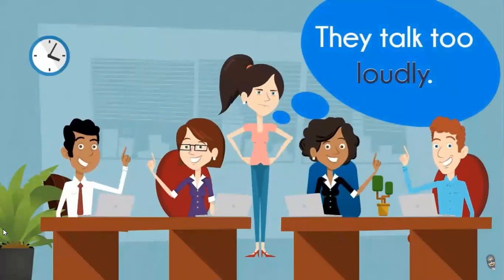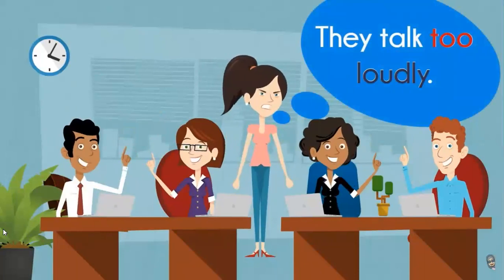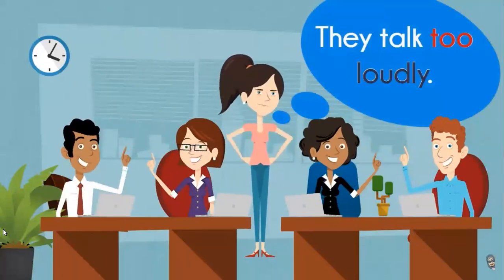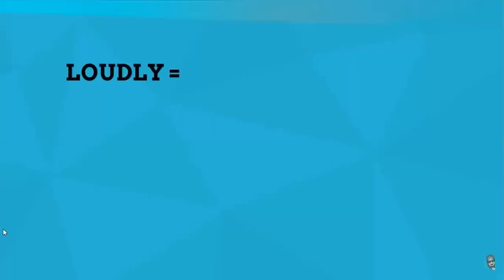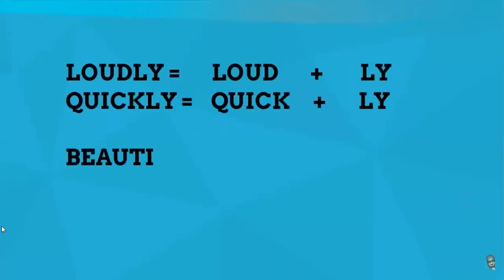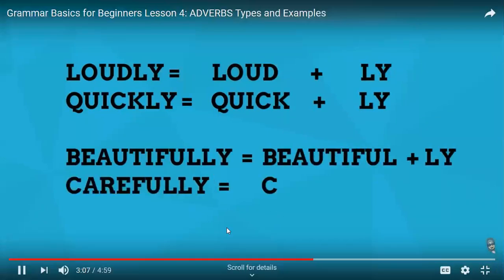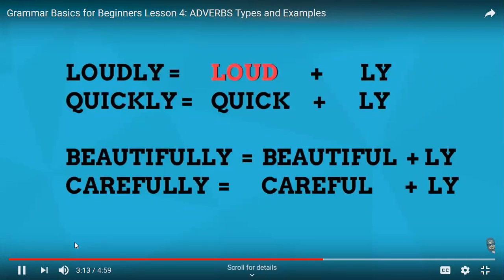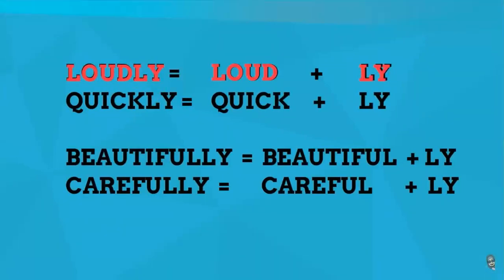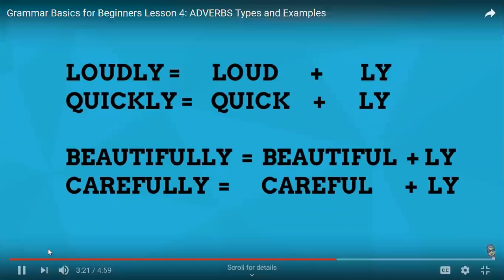Loudly is an adverb. It describes how they talk. Too is another adverb. It tells us to what degree. In this case, it's more than how it should be. Notice that some, not all, some adverbs are originally adjectives plus ly, like loud, that's an adjective, plus ly, loudly, makes it an adverb. Quickly, beautifully, carefully.